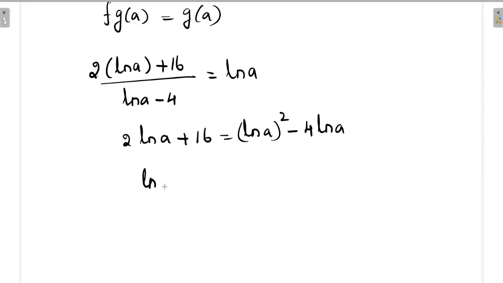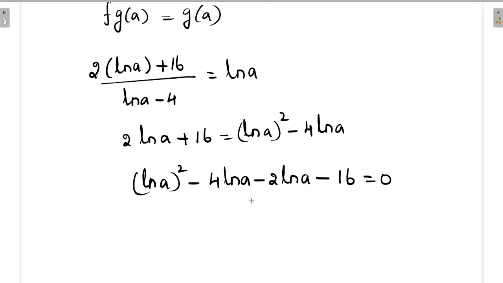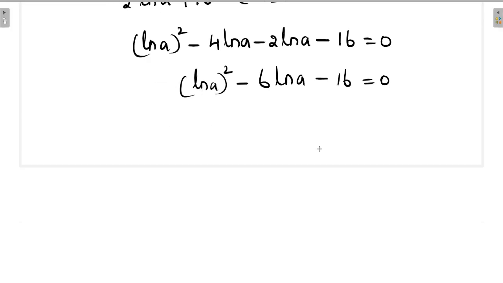So (ln a) square minus 4 ln a minus 2 ln a minus 16 is equal to 0. Let us write the equation in quadratic form. (ln a) the whole square minus 6 ln a minus 16 is equal to 0.